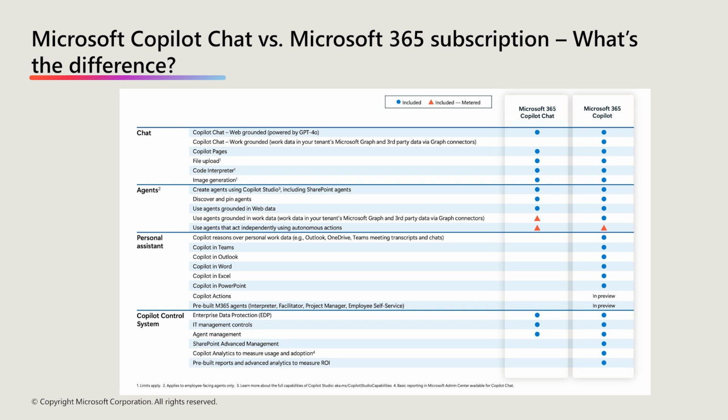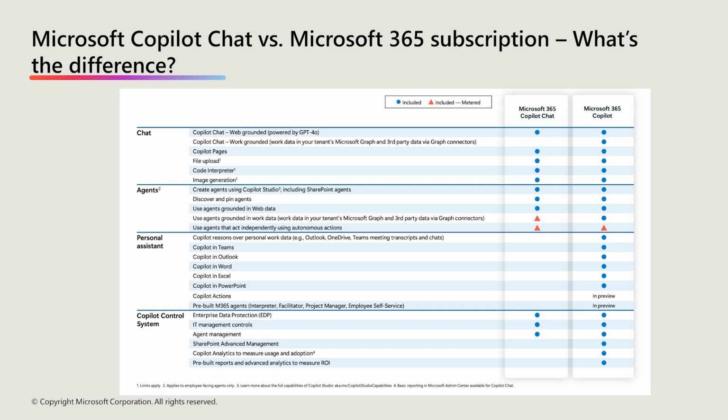I have the capability of being able to work with pages and my files, import my files, summarize my content. I can even create agents, but you don't have the option of integrating with all of your Microsoft 365 tools, accessing from Word and PowerPoint and Teams and Excel.